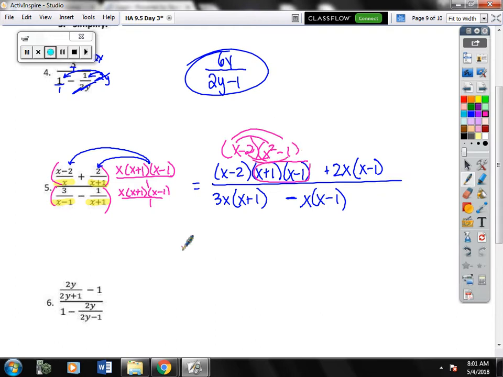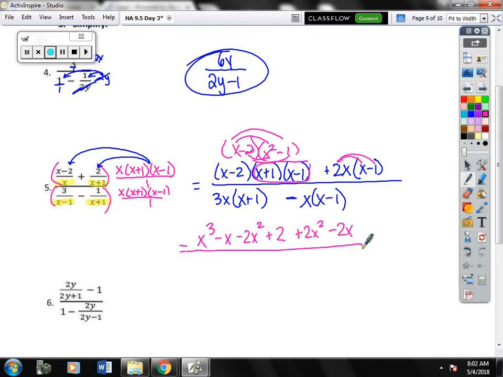So we will get x cubed minus x minus 2x squared plus 2. Distribute our 2x over here to get plus 2x squared minus 2x.